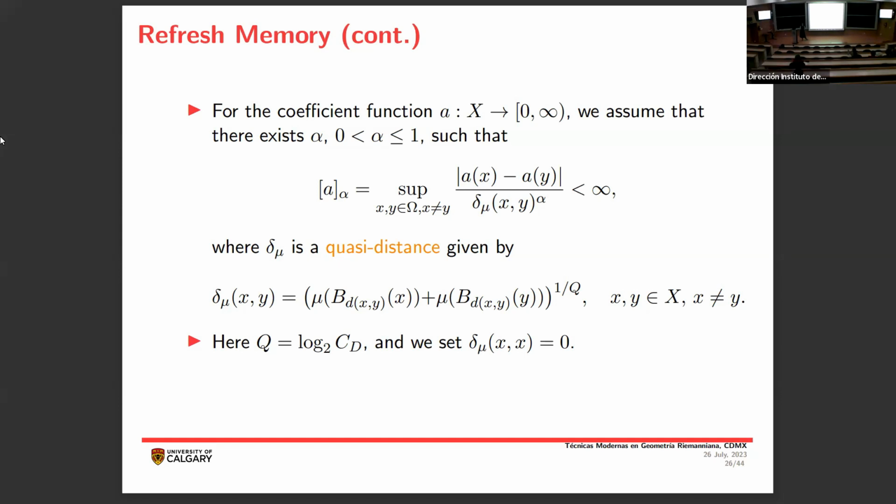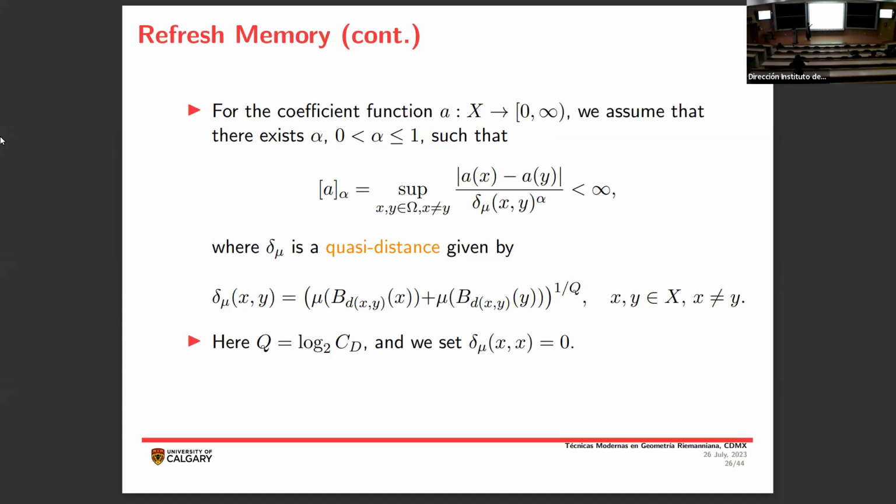Why are we working with this quasi-distance? Well, the short answer is we want it to be as general as possible. And this gives us that. So, for instance, if we're working with a space that is Ahlfors regular, meaning that we can have a connection between the measure of the ball and radii, then the quasi-distance and the original distance in our space are equivalent.